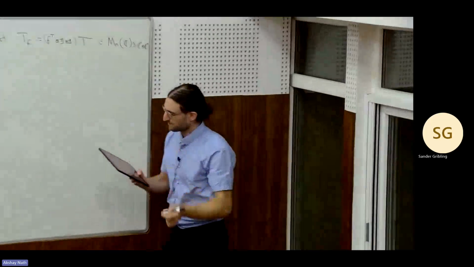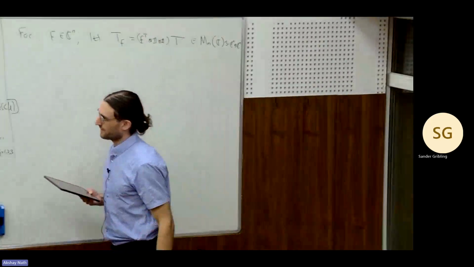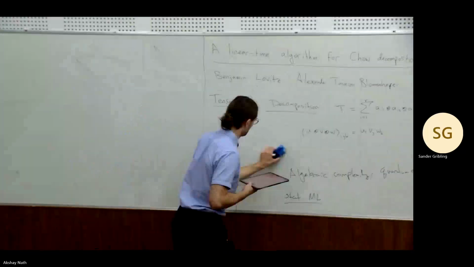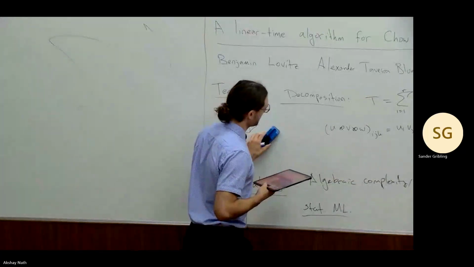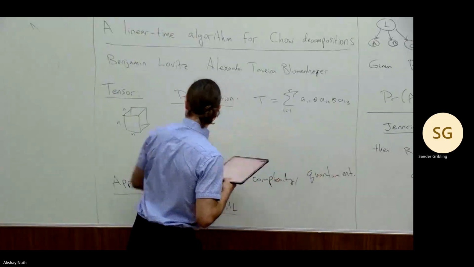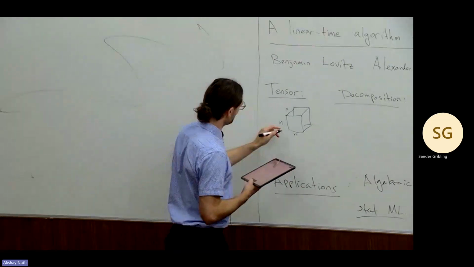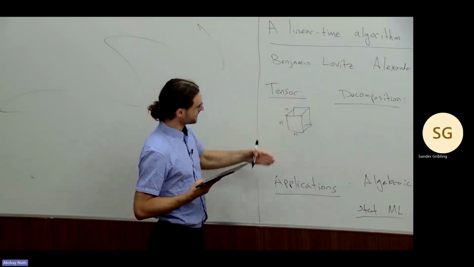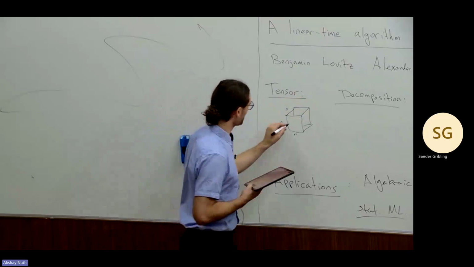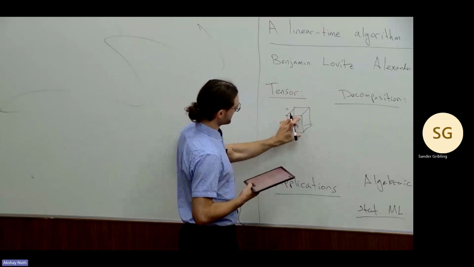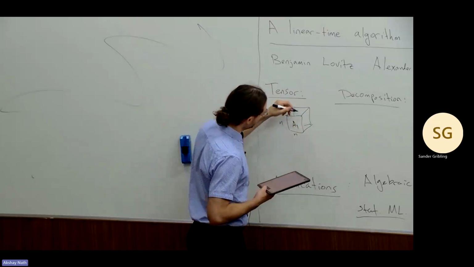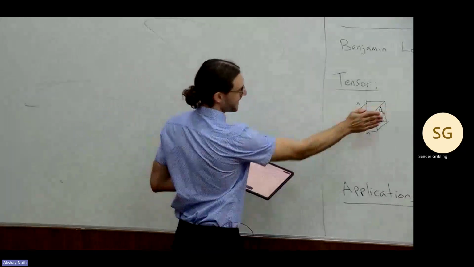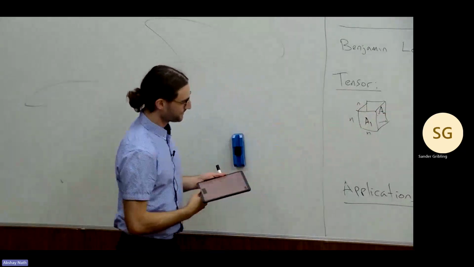If I have my tensor over here, this is called the contraction of T. I write down the entries as a sequence of n matrices: A1, this matrix A1 on the face is an n by n matrix, dot, dot, dot, and then the last one is An. It's like a list of n matrices stacked on top of each other.